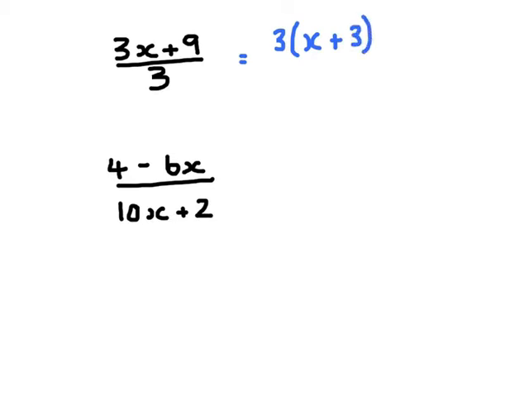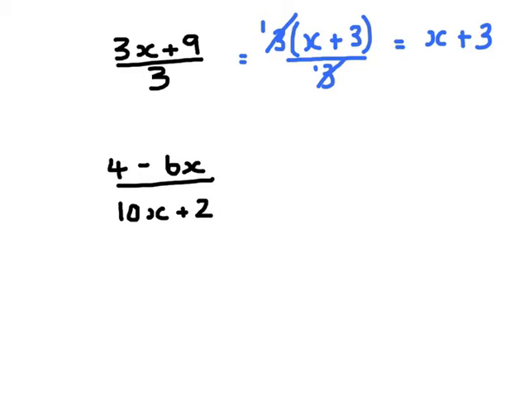And I'm going to divide that by 3. So now it's easy to see that the common factor has been taken outside, so I know that that divided by that will leave me with just 1. So all I've got at the end is just x plus 3. I'm not going to bother keep writing that little 1 there.